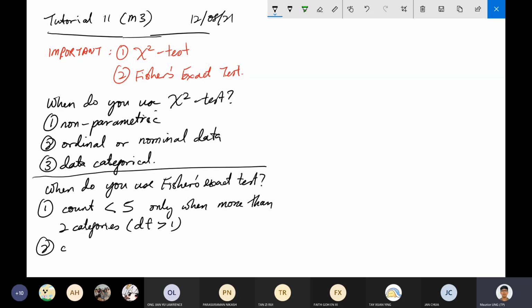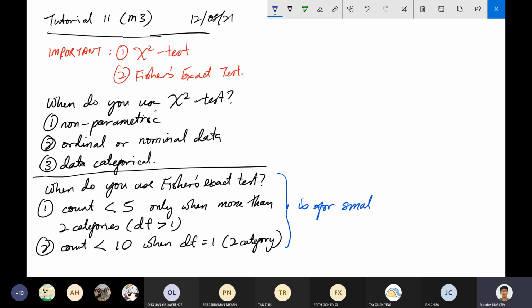However, if the count is less than 10, when the degree of freedom equals to 1, that means only 2 categories. So which means that your Fisher exact test is for small sample size.